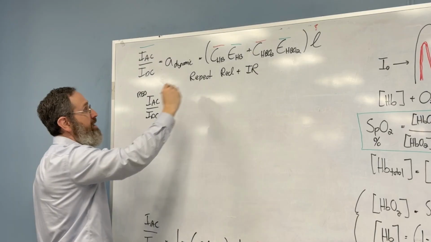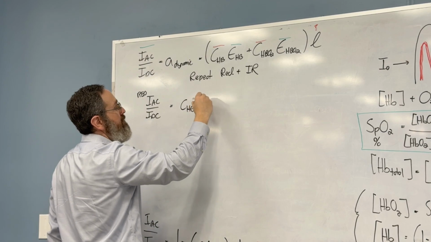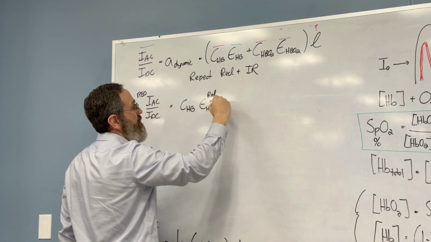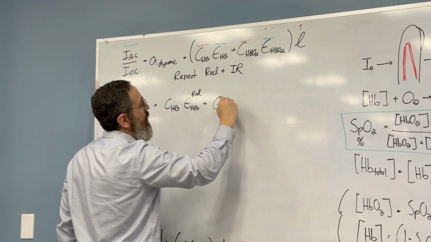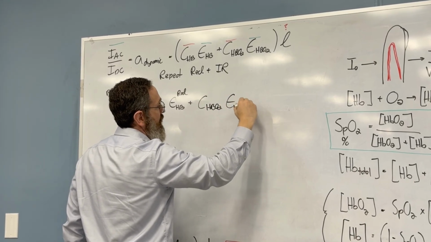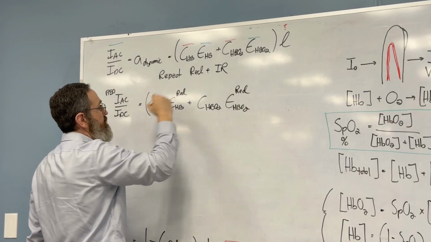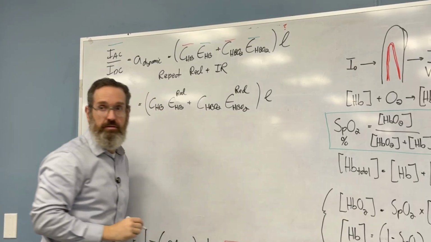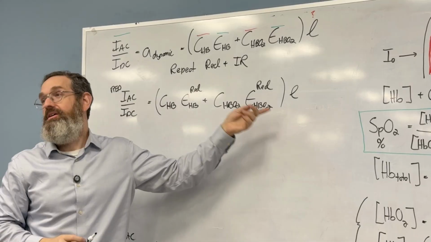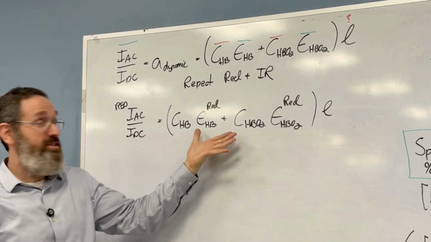And all I need to do now is update this equation to say concentration of deoxyhemoglobin times the absorption coefficient of hemoglobin at red light plus the concentration of oxyhemoglobin times the absorption coefficient of oxyhemoglobin at red light times L. That's why I gave you the quiz. I needed you to do this. I wanted you to be ready for this. You did this on your quiz, right? I wanted to tee this up. Now you know what this is, right?